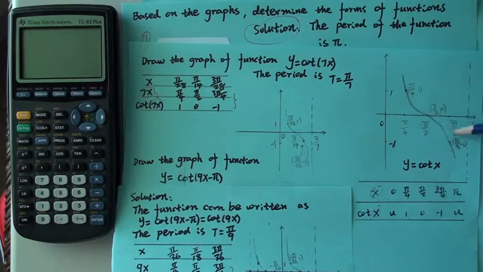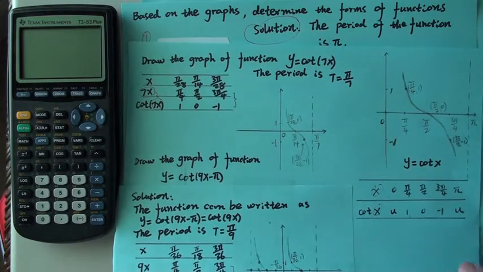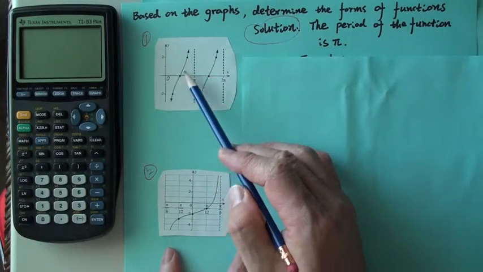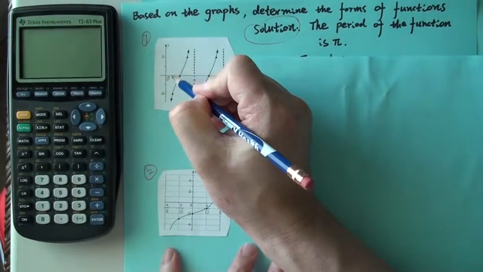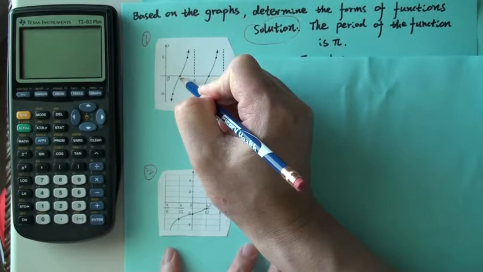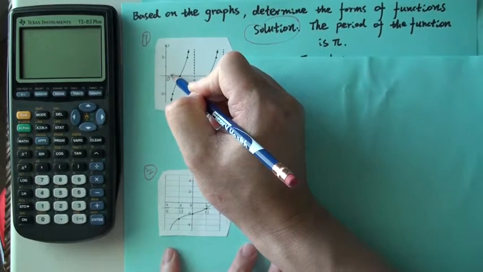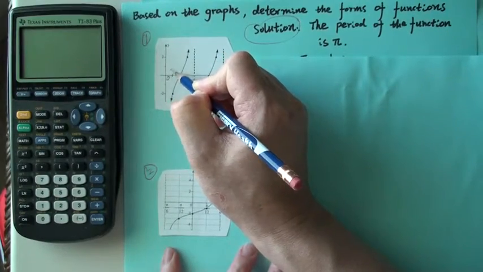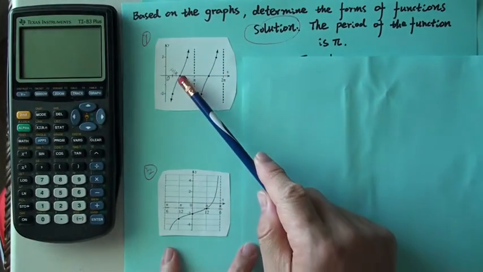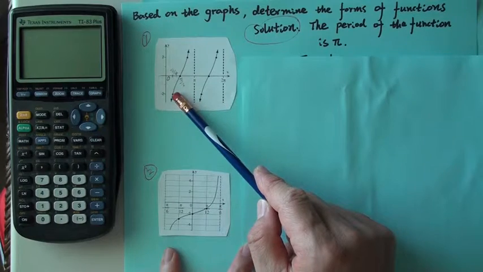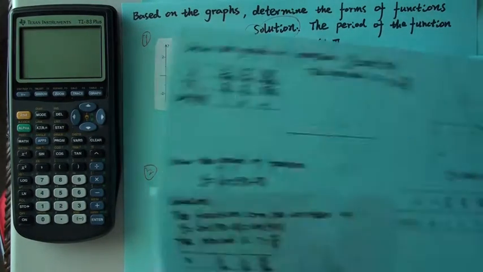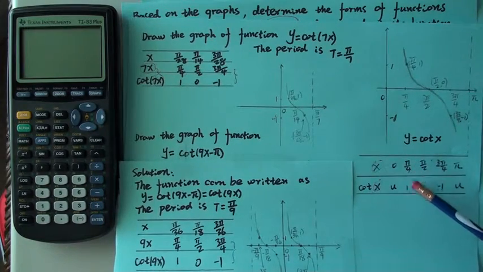It goes down, but here is different. It goes up. Here is pi over 2, here is pi over 4, because that's in the middle. When x equals pi over 4 here, the value is negative 2. But again, for cotangent, when x equals pi over 4 it is 1.